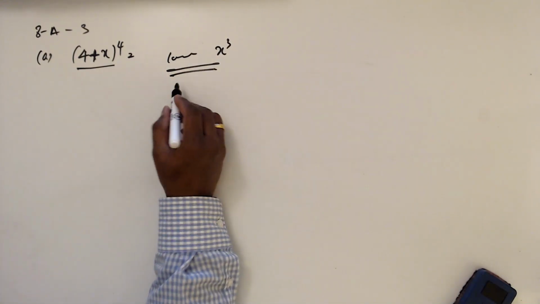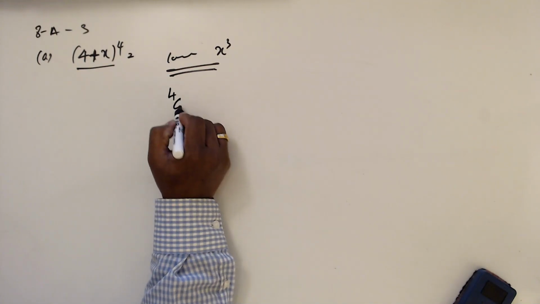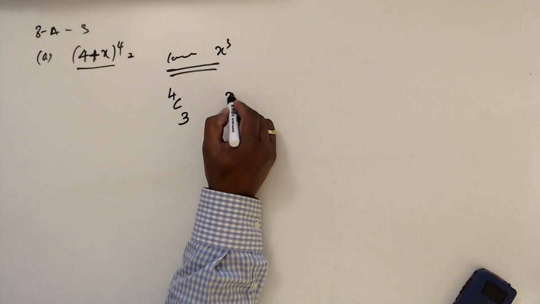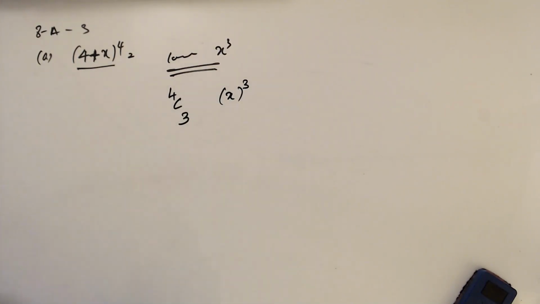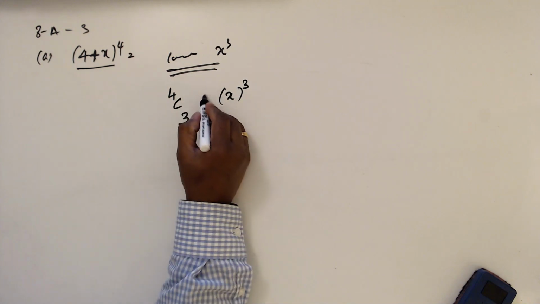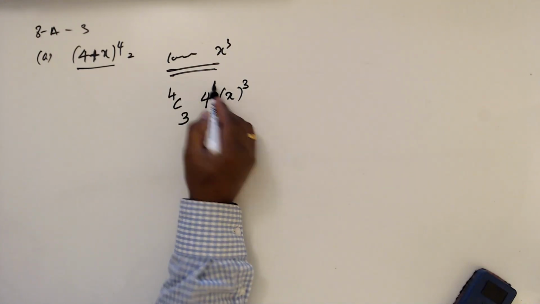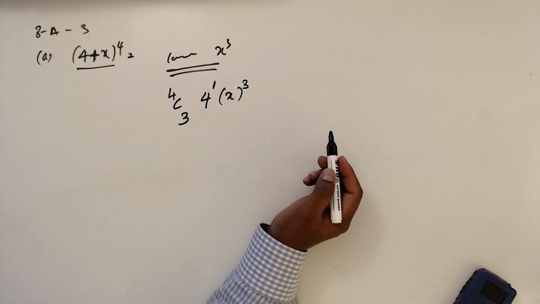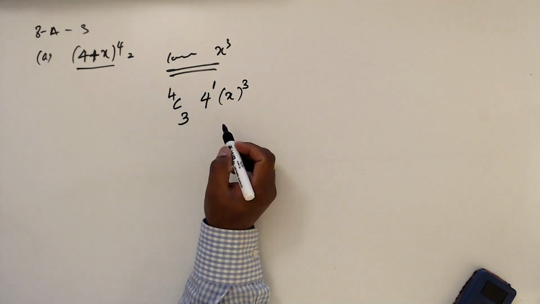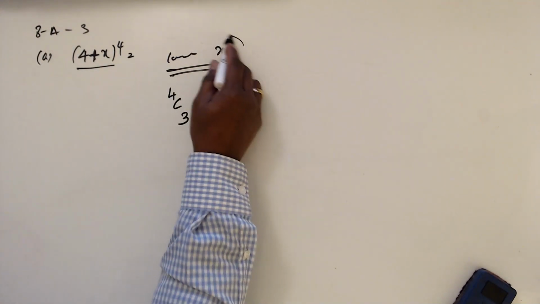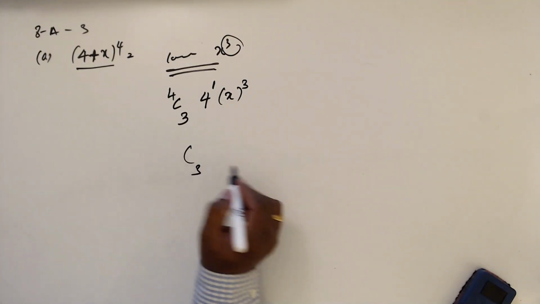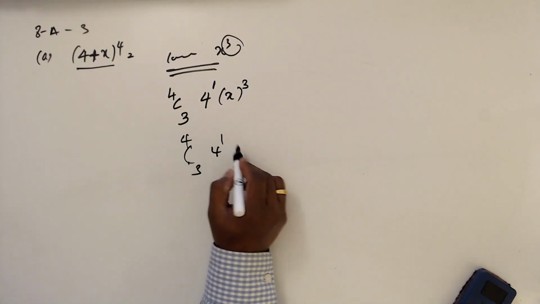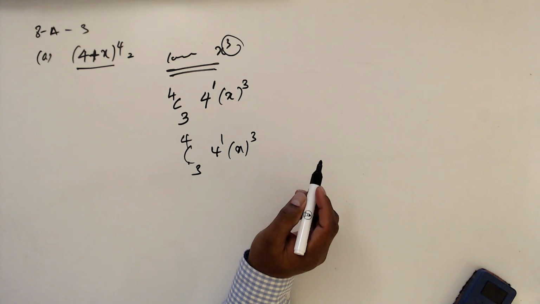So we can write 4C3, then x3 and 4 to the power 1. If I need the third term, I need to write 3 here and 4C3, then 4 to the power 1 and x cube.